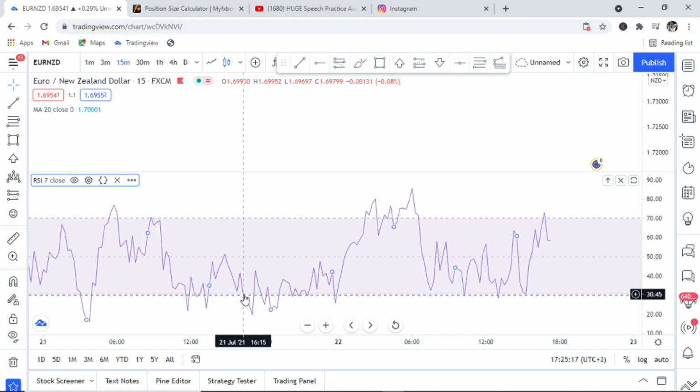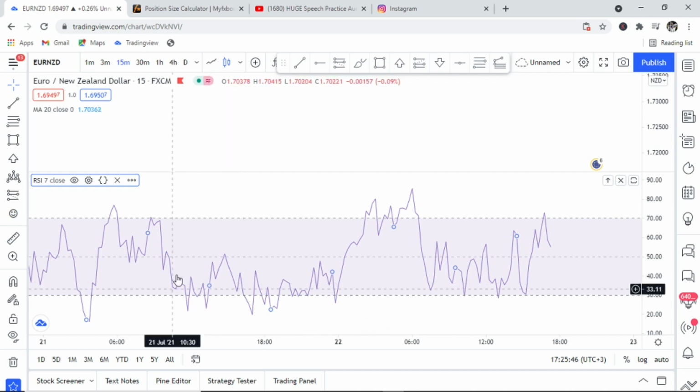So when price is oversold, that is a really good time to be looking for your buy opportunities. Okay, so the RSI shows us when price is overbought, and when price is overbought, you should be looking for your sells. It also shows us when price is oversold, and when price is oversold, you should be looking for your buying opportunities. So how can you implement this information onto your trading style to ensure that you filter out your losing trades?